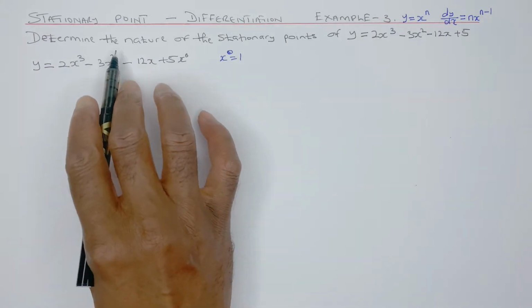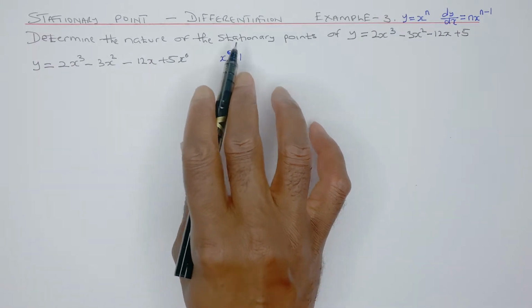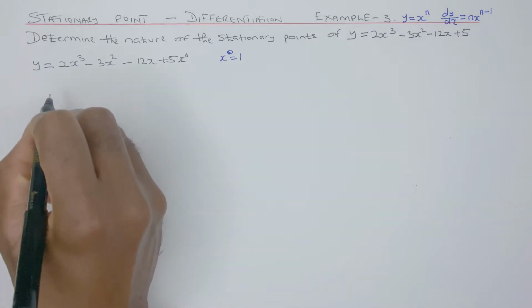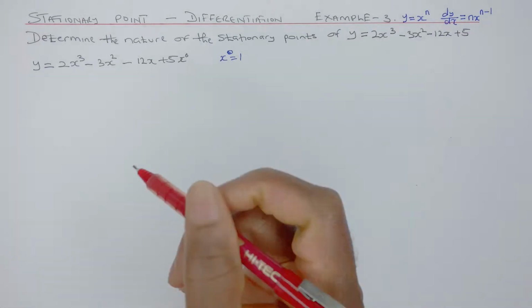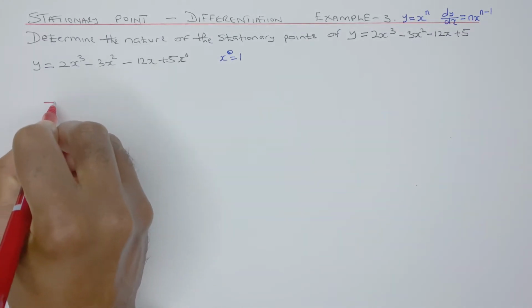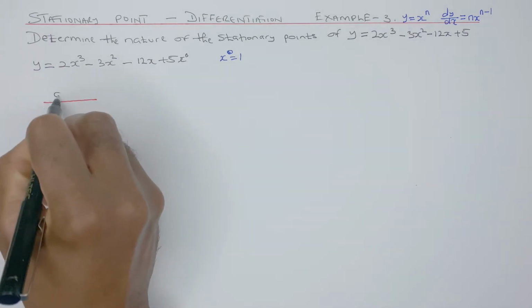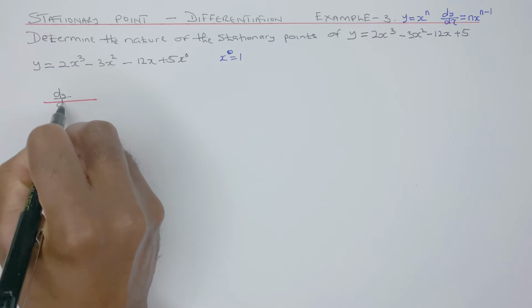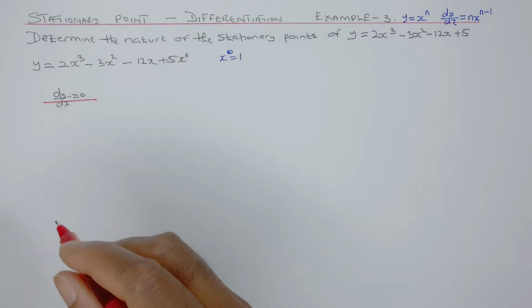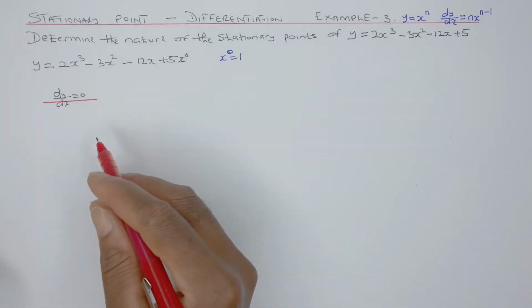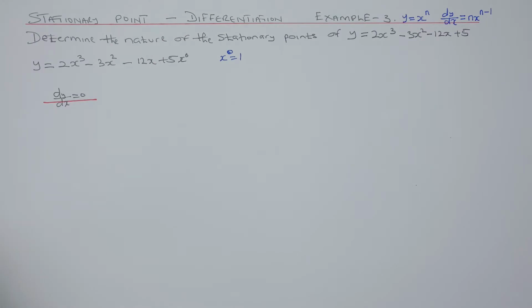Now, to determine the nature of the stationary point, we know what the stationary point is. At the stationary point, the gradient is 0. It can either be a maximum, minimum, or point of inflection.